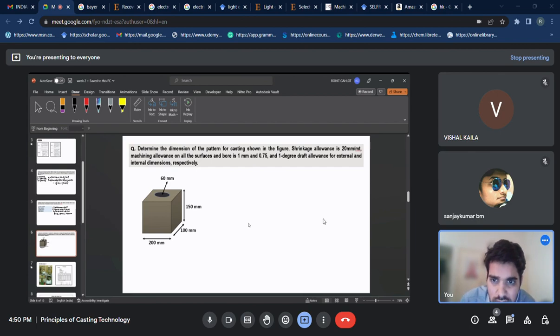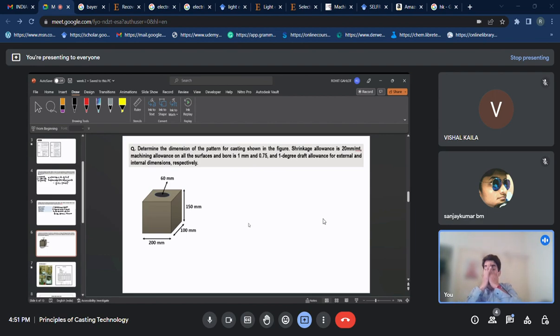Then after that you need to take care of the draft allowance, which is given in degrees, like the 1 degree draft allowance. The machining allowance on all the surfaces and the central one is 1 mm and 0.75, and 1 degree is the draft allowance. 0.75 is for the top side and 1 degree is for the bottom one.